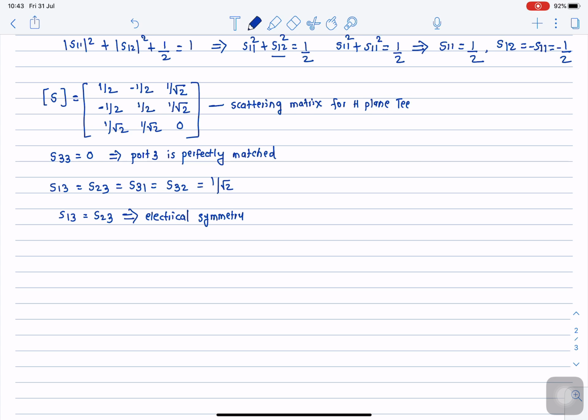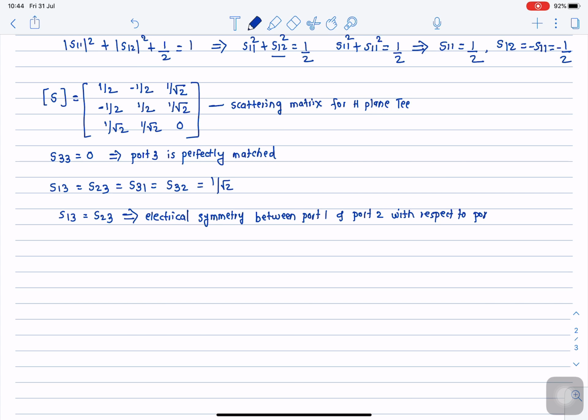This electrical symmetry between port 1 and port 2 with respect to port 3, right? So this is an important observation.